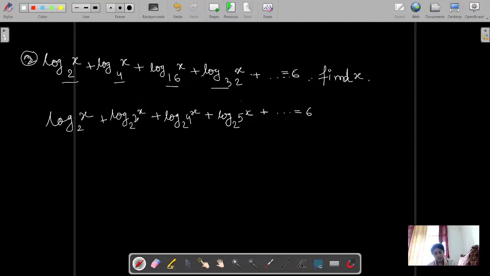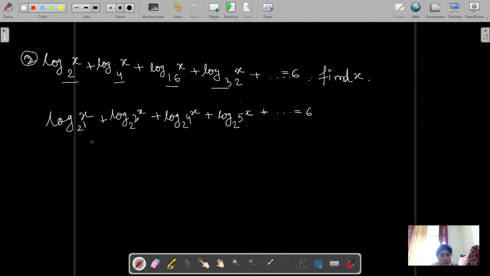So now what is the next step I can take? As per log, there is another formula. I will not say formula, this is a property. So what is the property? If I have something in the power of the base, I can write it so the power will come to the front. Here no power is there, so I can write 1.